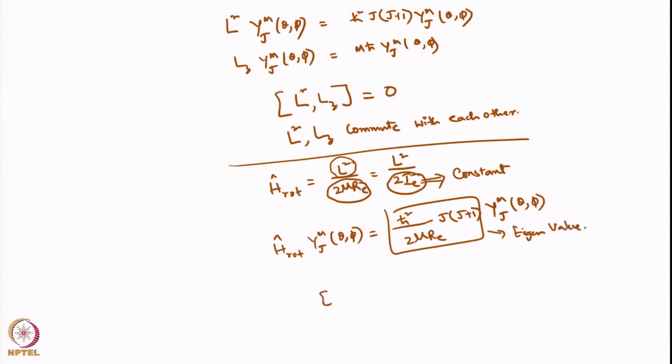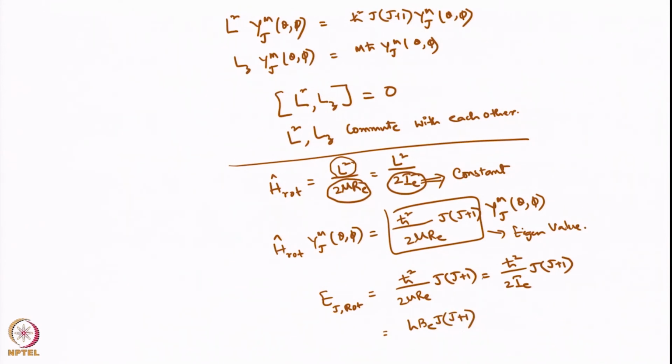Therefore, your E_j, that is the rotational energy with quantum number j, will be equal to h bar square by 2 mu R_e squared, j(j+1), which is the same as h bar square by 2 I_e, j(j+1). Somehow this is written as h B j(j+1). Okay.